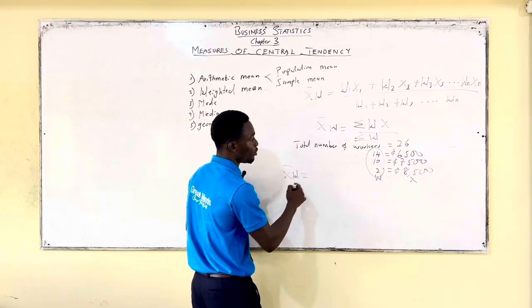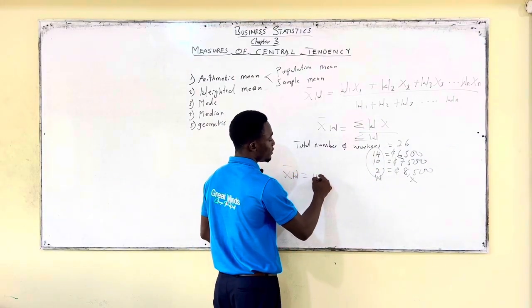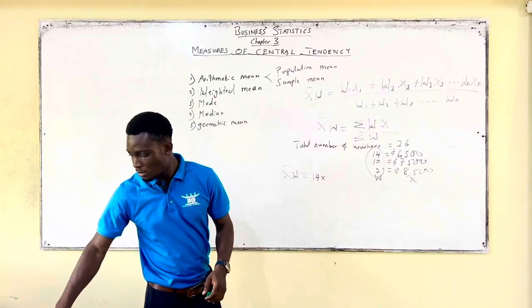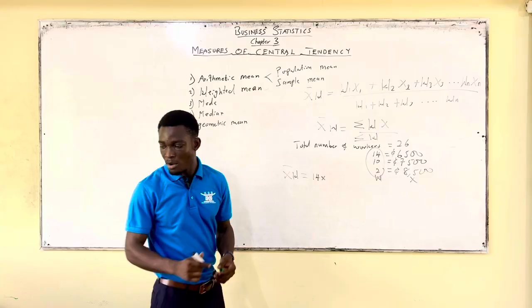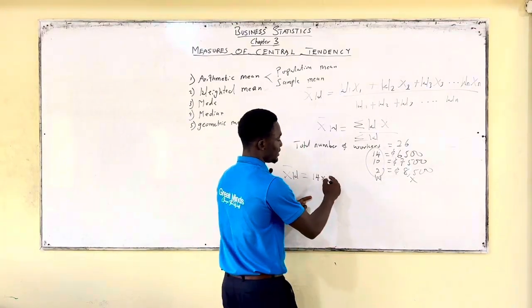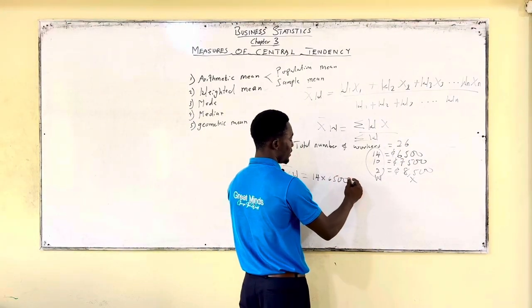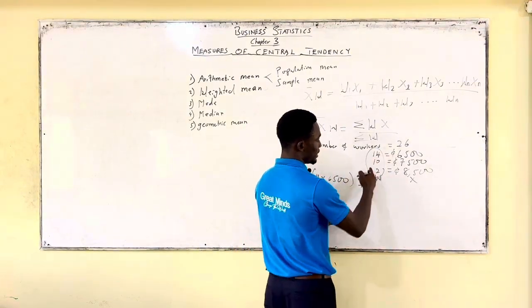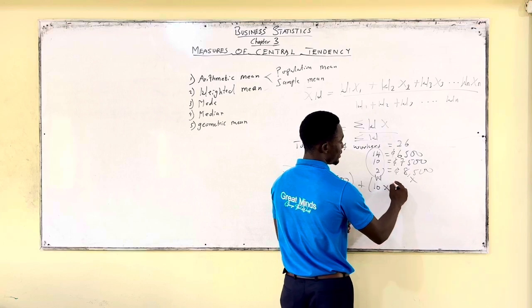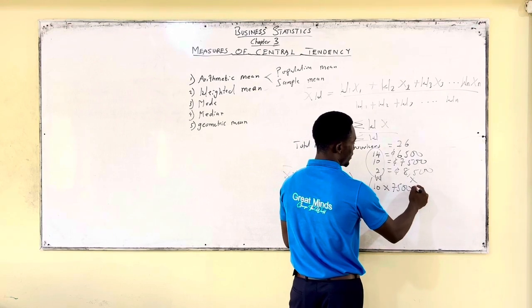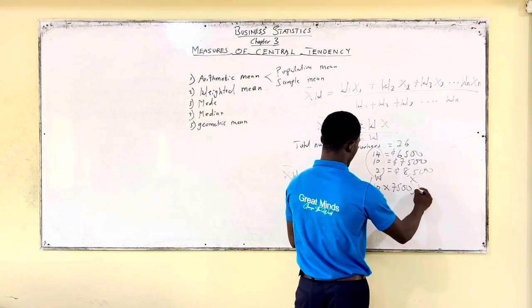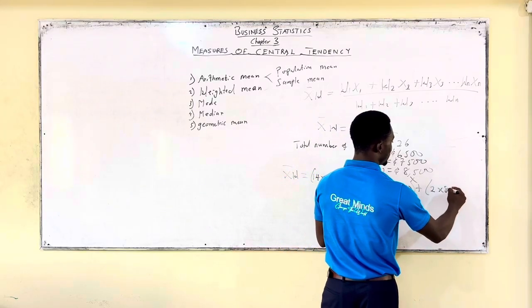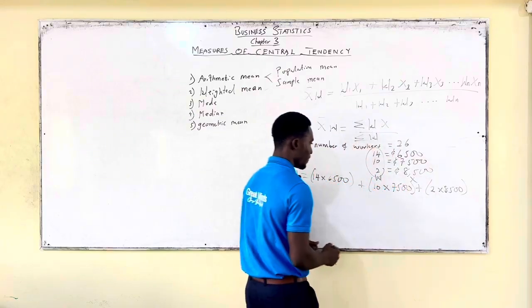So let's find our. w1 is 14 times 6,500 plus w2, which is 10 times 7,500 plus 2 times 8,500.